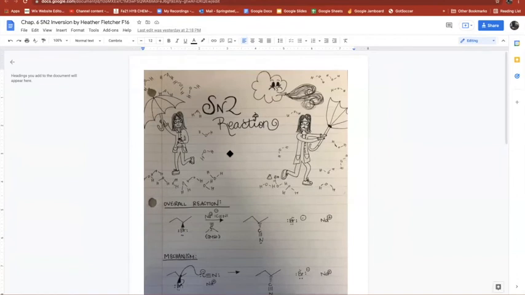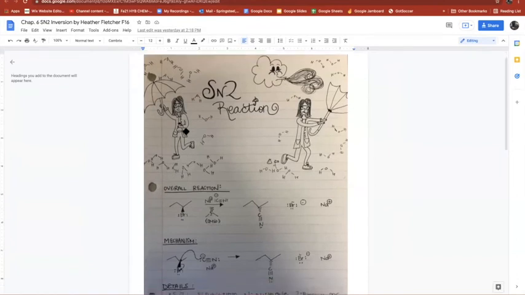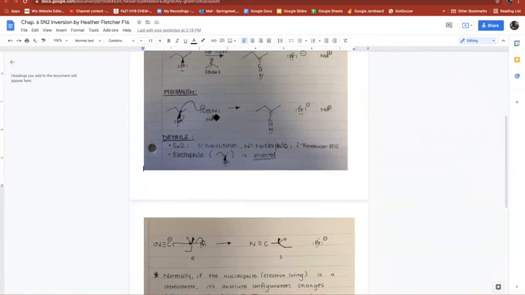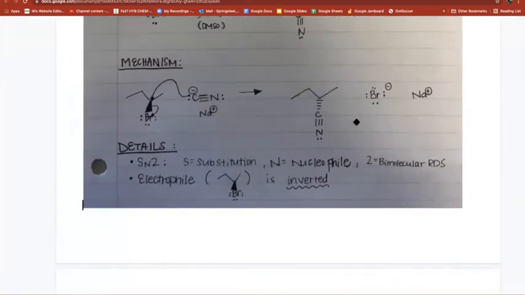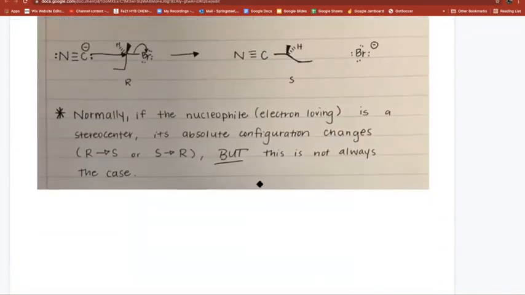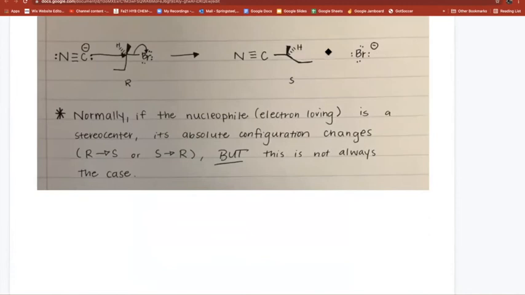I showed just the picture she drew, the inversion and then the overall reaction, but here she has the mechanism in there. S is for substitution, N is for nucleophile. I like to say nucleophilic here. And then bimolecular, rate determining step, electrophile inverted. There we go. Details.